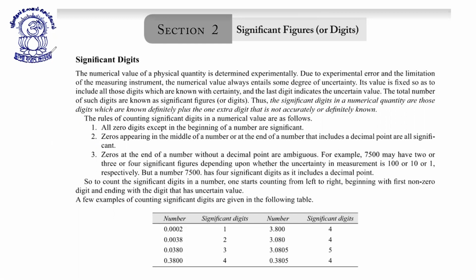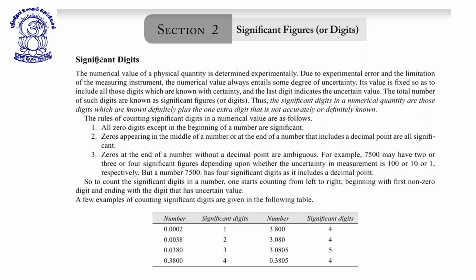For example, the Avogadro number, 6.023 × 10^23 particles. If you write it that way, it is convenient for us to indicate the number. That's why we use significant figures or digits.